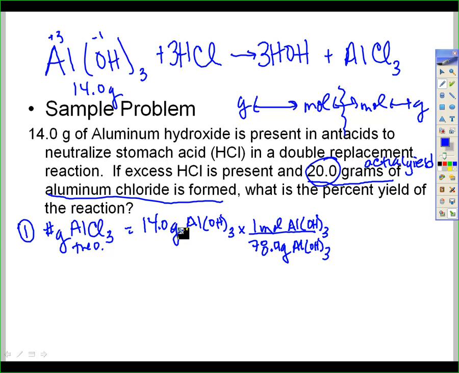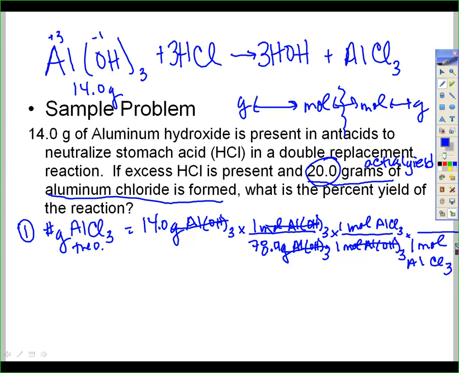Awesome. Grams of aluminum hydroxide cancel. Now I'm going to use the mole ratio. For every 1 mole of aluminum hydroxide, I'm going to make 1 mole of aluminum chloride. So moles of aluminum hydroxide cancel. And for every 1 mole of aluminum chloride, I'm going to have 35.45 times 3 plus my 26.98.